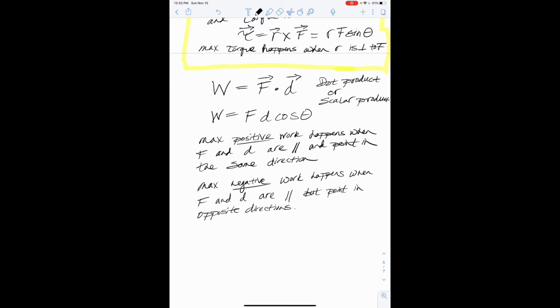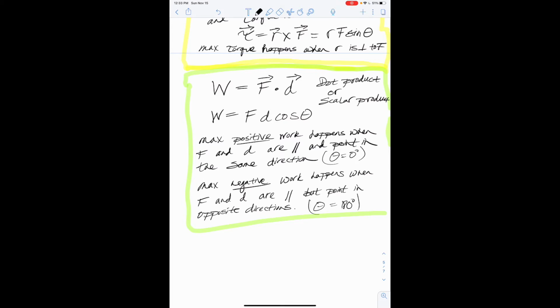So what I'm trying to say here is that max positive work is going to happen when theta is equal to 0 degrees, and max negative work when theta is equal to 180.